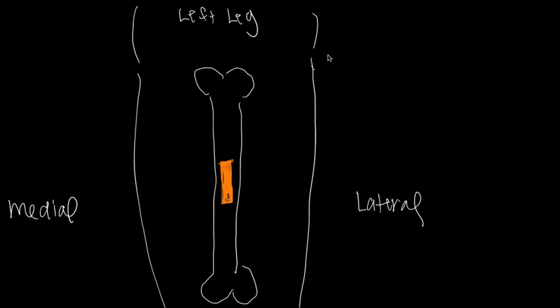Then slide your transducer off the bone laterally, and you should see the anterior tibial veins and arteries. Typically you'll see 1 vein, 1 artery, and 1 vein, right?